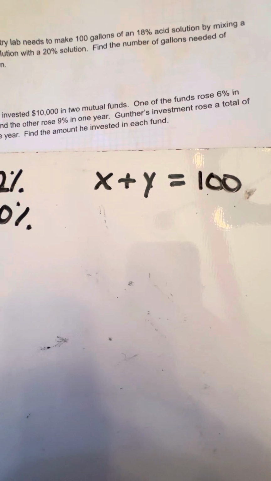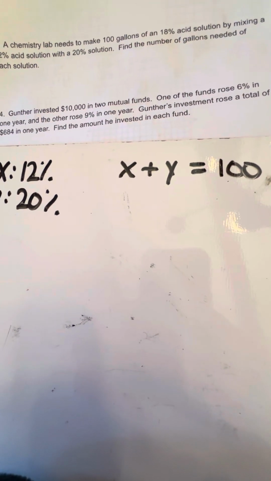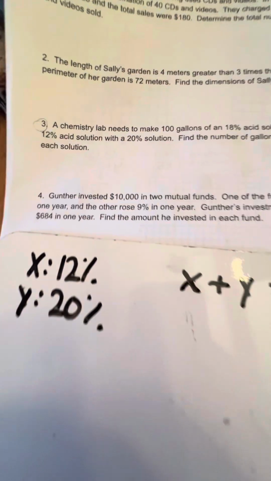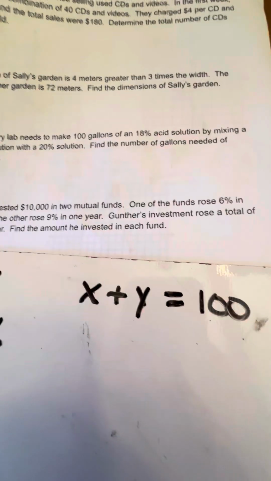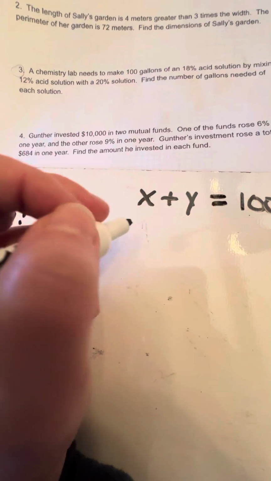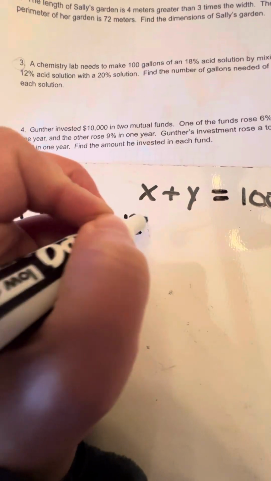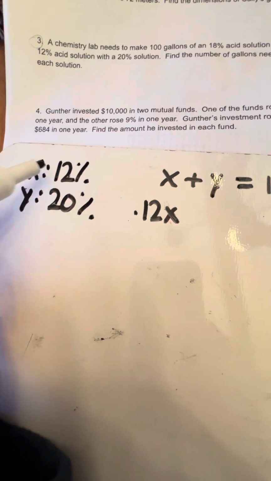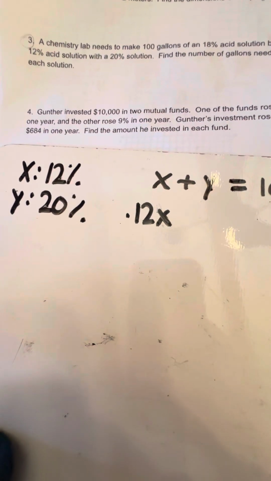gallons. Now, here's the tricky part. When you're trying to do a mixture solution question like this, we do have to focus on these percentages of each item. So the 12%, which when we rewrite that as a decimal, is 0.12. And then because it's the x solution, we're going to put that next to the x.